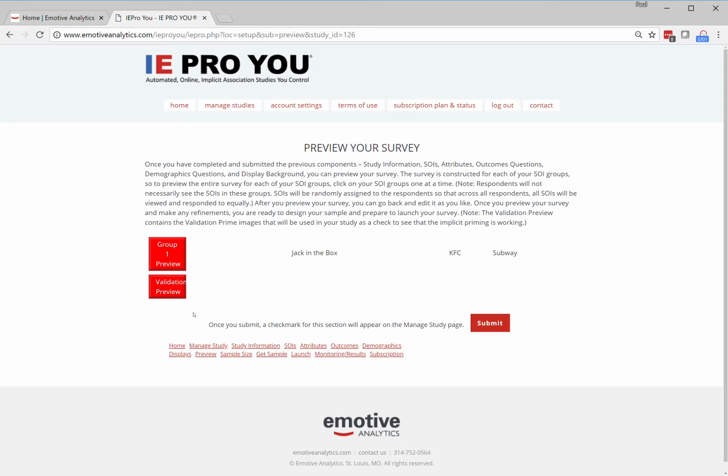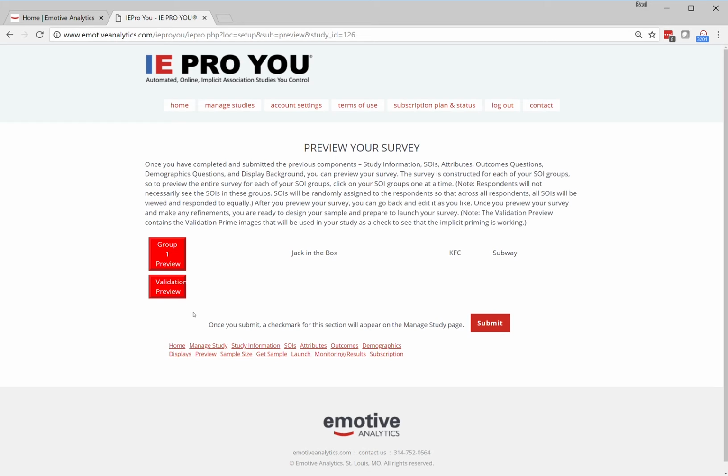We have a cute little baby, we have somewhat of an ugly spider, and we have a cheeseburger, which kind of goes back and forth. But the baby and the spider are key. We know that for the baby, it's pretty universal that there are both positive implicit and positive explicit responses that we will get. For the spider, we know it's pretty universal that we should get both implicit and explicit negative responses.